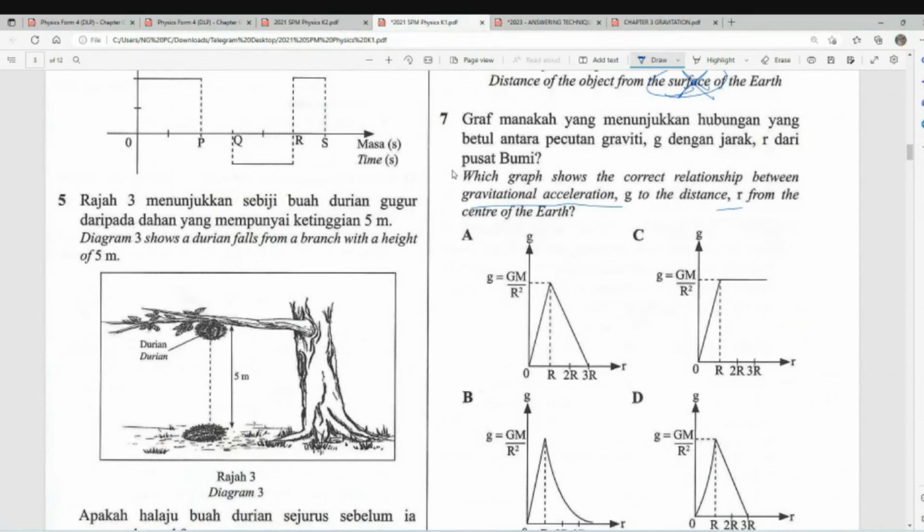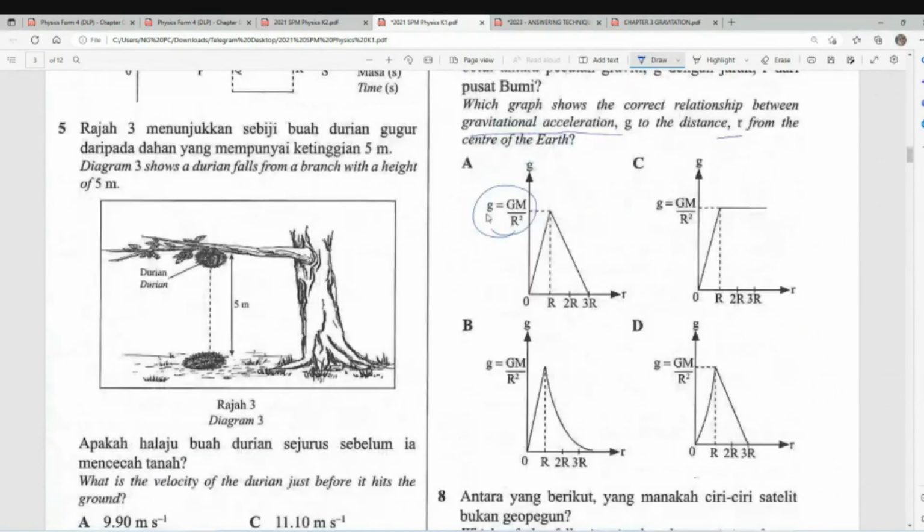So this is the relationship. This one is actually referring to the textbook straight away. We only have this when r equals the radius of the Earth, then g is at its maximum. So basically, all the maximum here is correct already. Then what we need to know is when r is more than the radius of the Earth.